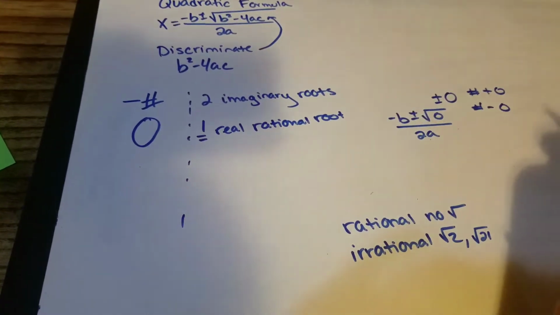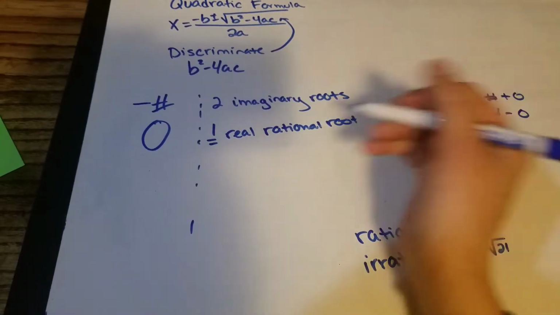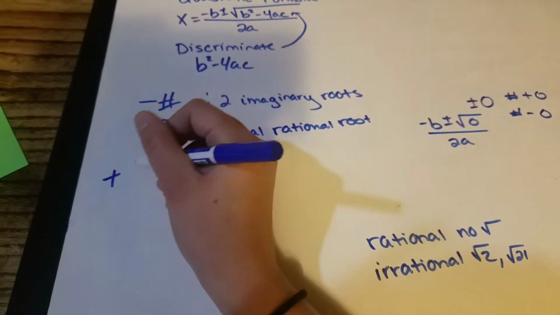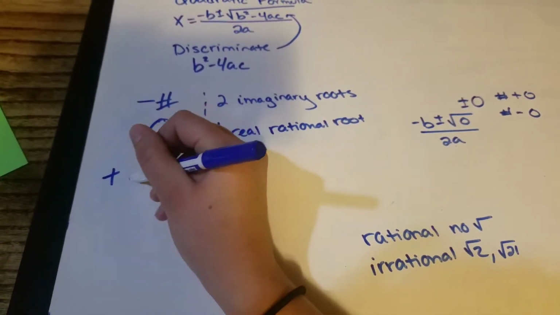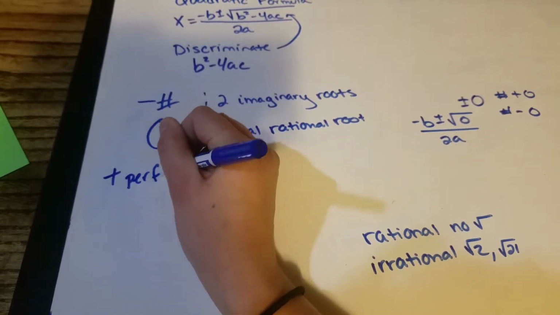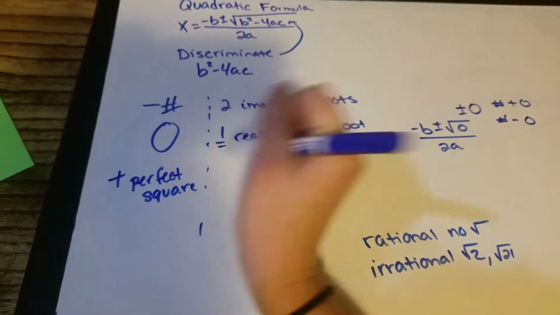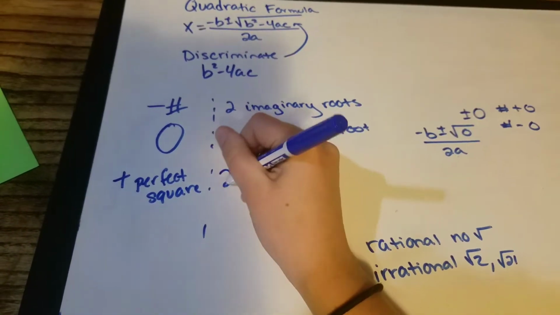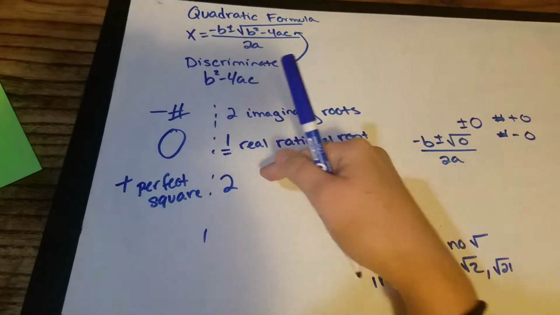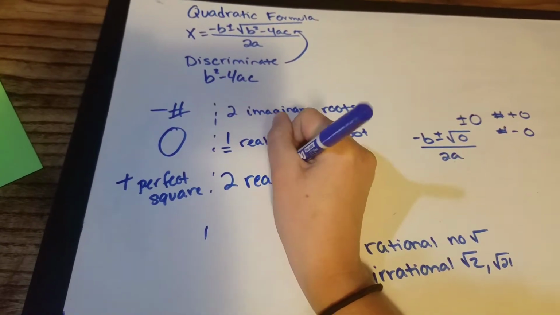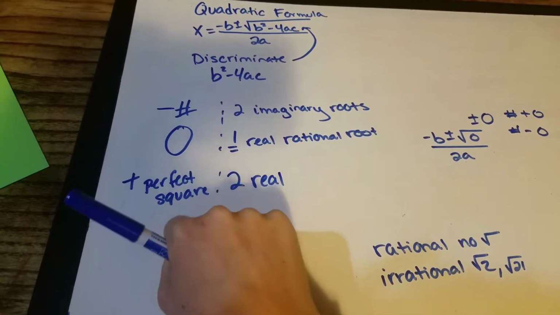And then, to me, the hardest one is the positive numbers. If you have a positive number that is a perfect square, that is going to leave you with a plus and minus, so we're going to have two of them. It is not negative, so it has to be real. And if you know the square root, it makes it a perfect square.